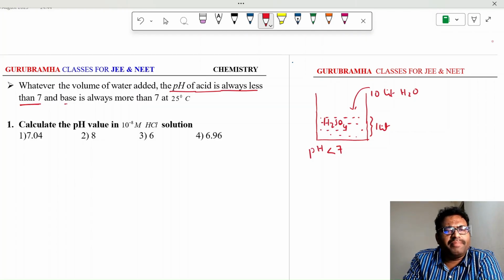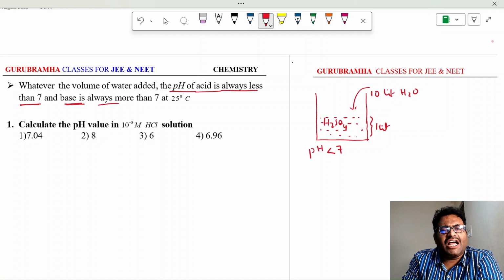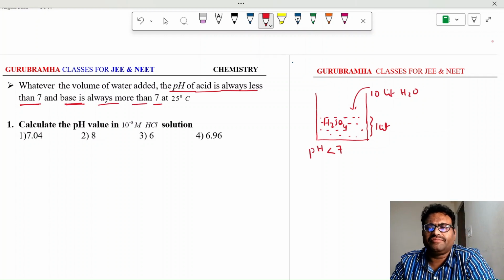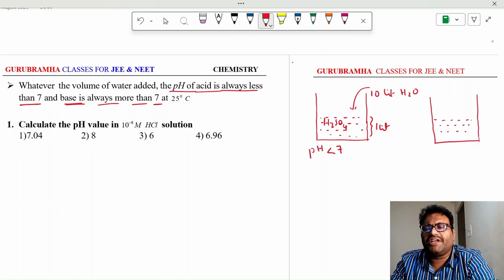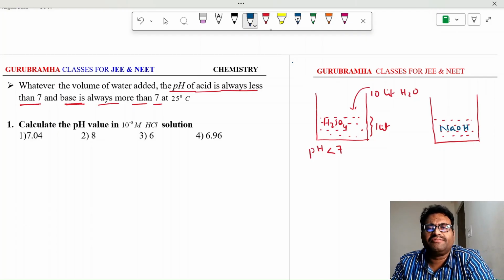And for a base, it is always more than 7. We have studied that for an acidic solution pH will be less than 7, and for a basic solution the pH will be greater than 7. So let us take another beaker. In this we have NaOH.